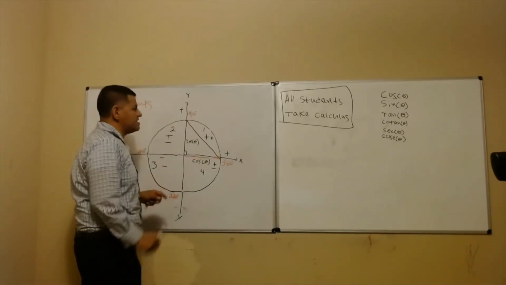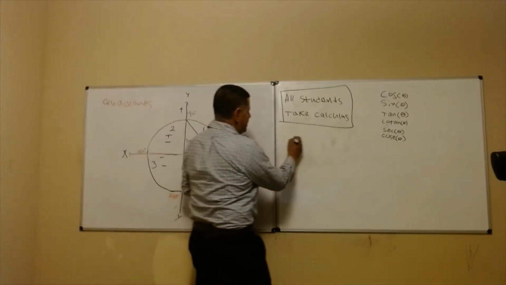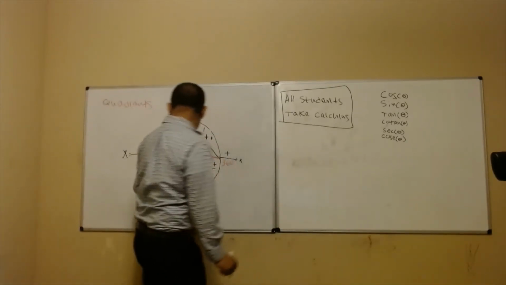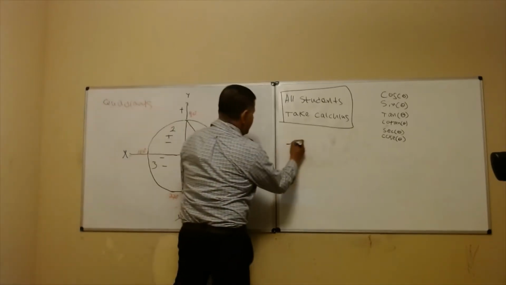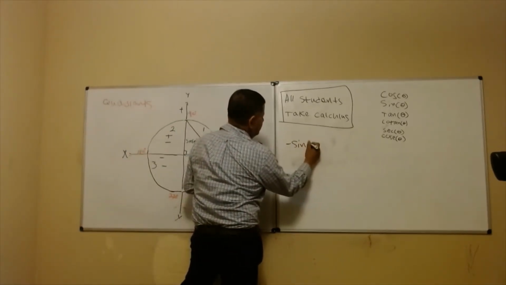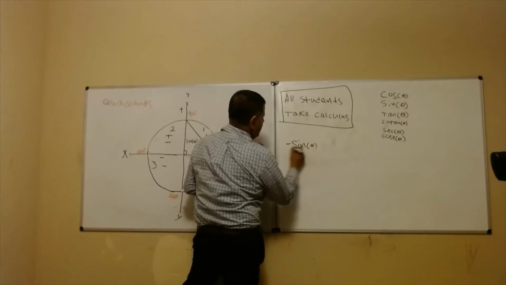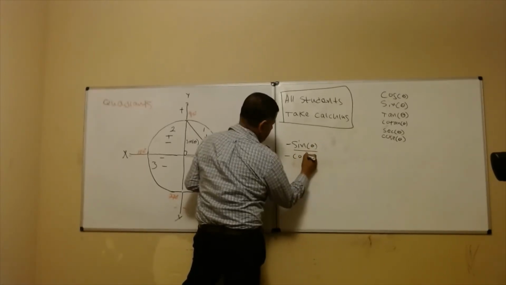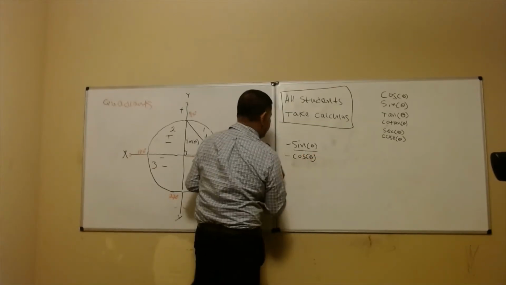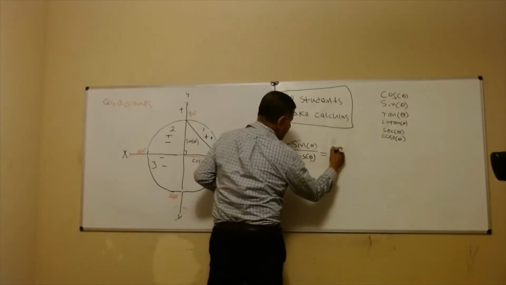You know why? Because over here, sine and cosine are negative, right? So if you put negative sine of theta over negative cosine of theta, that is equal to tangent of theta, of course.